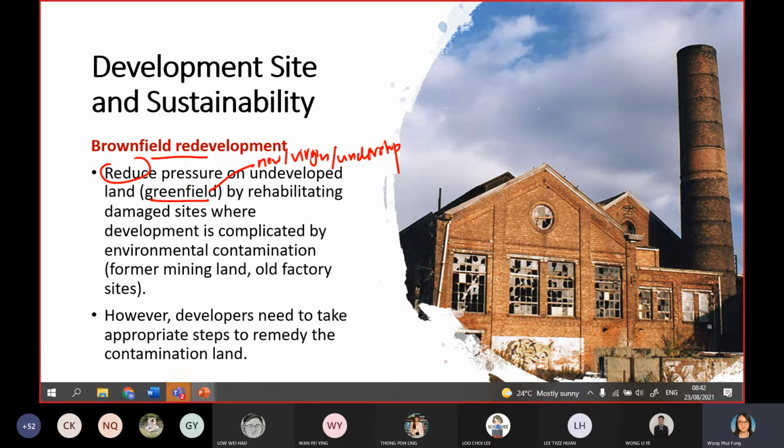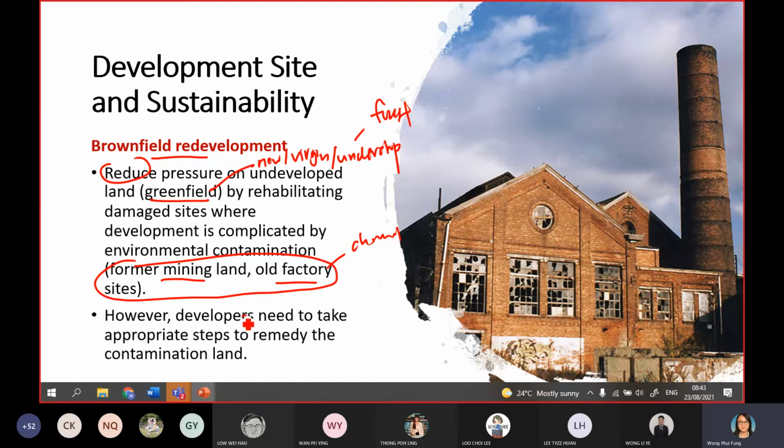Okay. Greenfield is a new, virgin, undeveloped area, which means the forest. So brownfield redevelopment means that the developer can choose a site that was previously developed, for example former mining land or an old factory site. But if we use this area, because factories and mining have a lot of chemicals and harmful substances, the land is not safe.